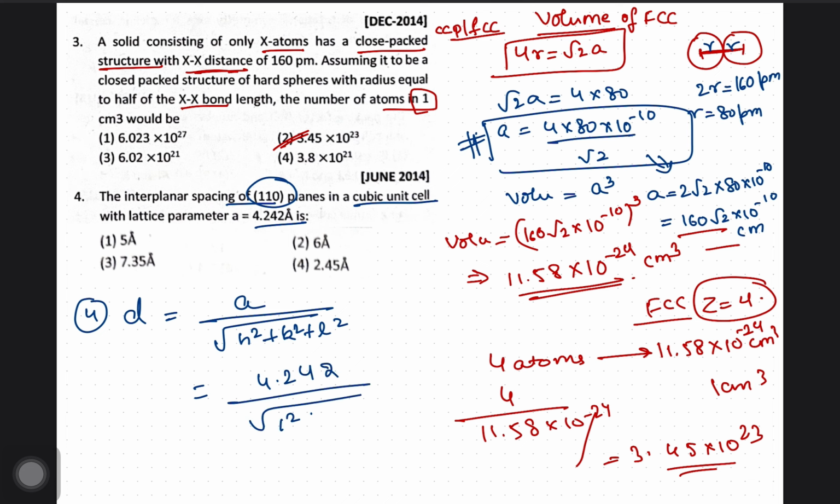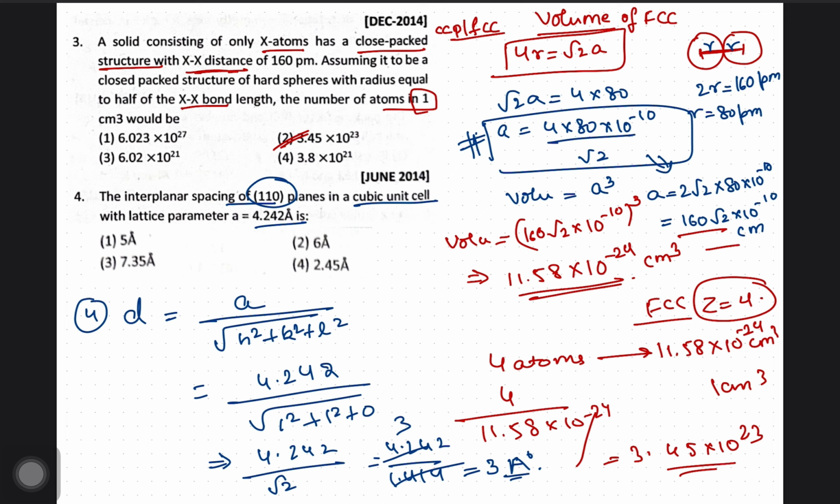Now h² + l² + 0 gives root 2, and 3 × 1.414 is 4.242. It is cutting into three parts, so d will be approximately 3 angstrom divided by 1.414, which is 2.45 as the right answer.